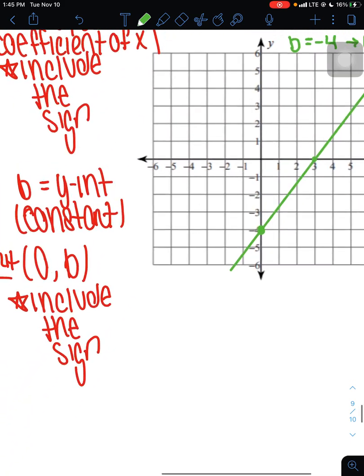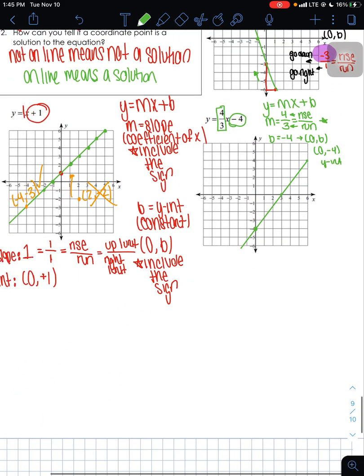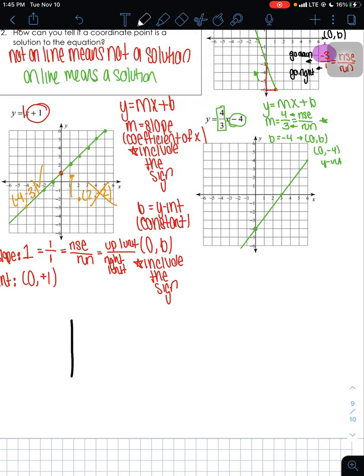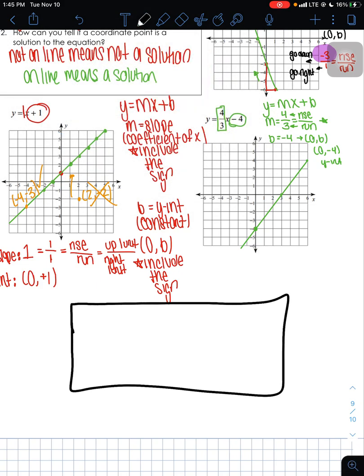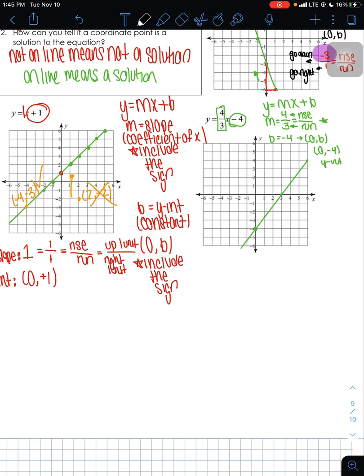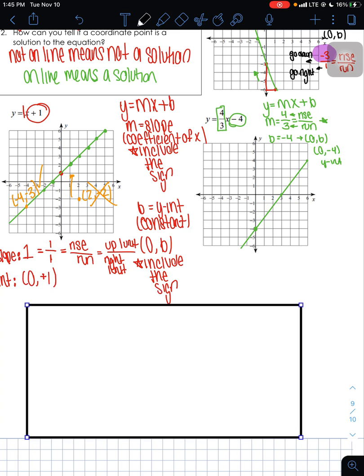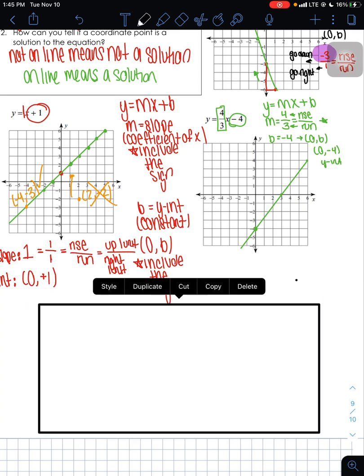So those are all the actual questions for the Edpuzzle review, but I do want to include a little table down here. But I am making it as I'm thinking about it, so give me 2 seconds. Just so you guys can have a reference to figure out what direction to move for your slope. And this may be further up.